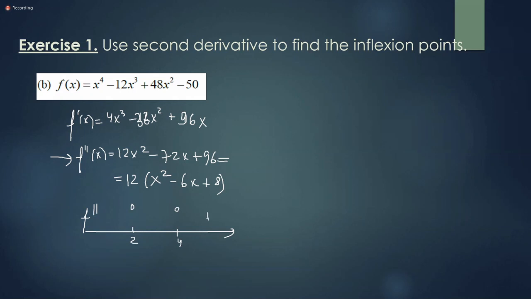If x is between 2 and 4, for example 3, we have 9 plus 8 is 17 minus 18, minus 1, negative. And if x is less than 2, for instance 1, it's positive again. So the function is concave up, concave down, concave up. So I have two inflection points.